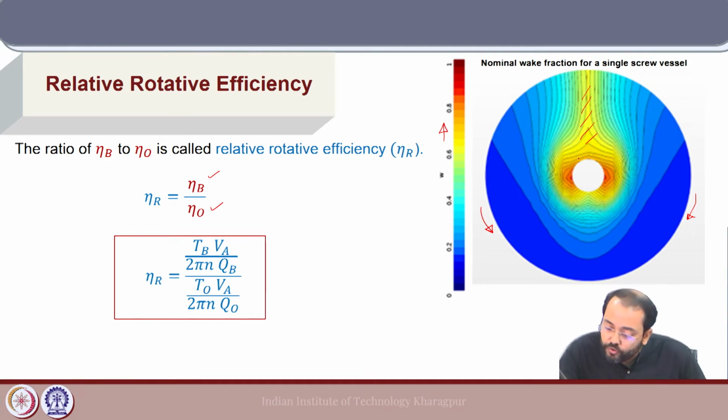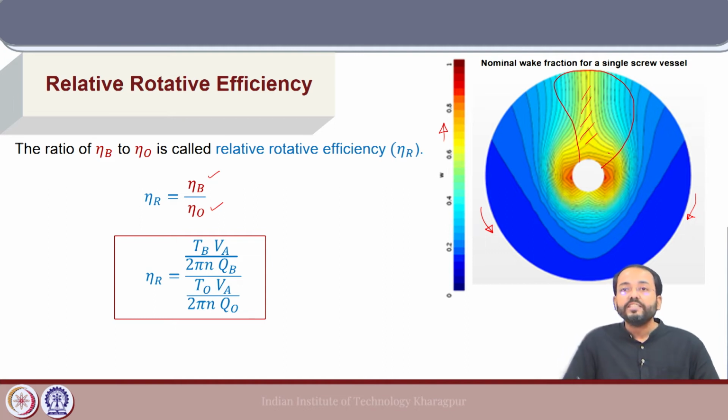So, if we try to draw a propeller blade here very simply, in this particular position it will face the velocity field as depicted by this wake fraction.